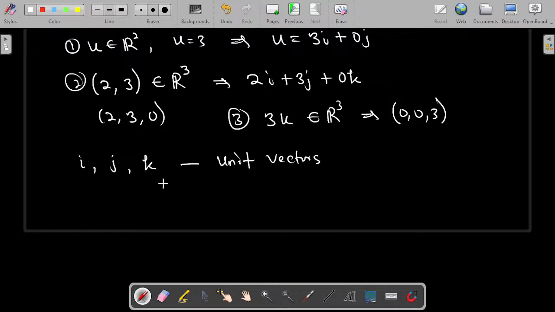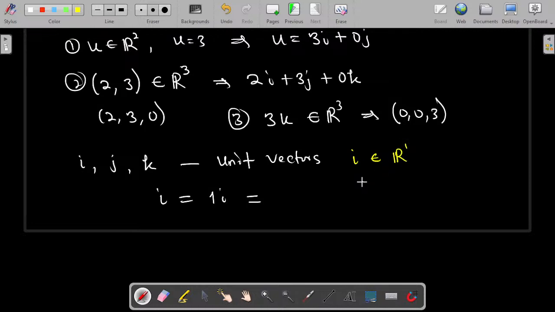So if I write my i here, it is the same thing as 1i. The coefficient is 1. Now, if I want you to write this i in the bracket form, the question you will ask me is, what is the dimension of the vector space where this i is coming from?